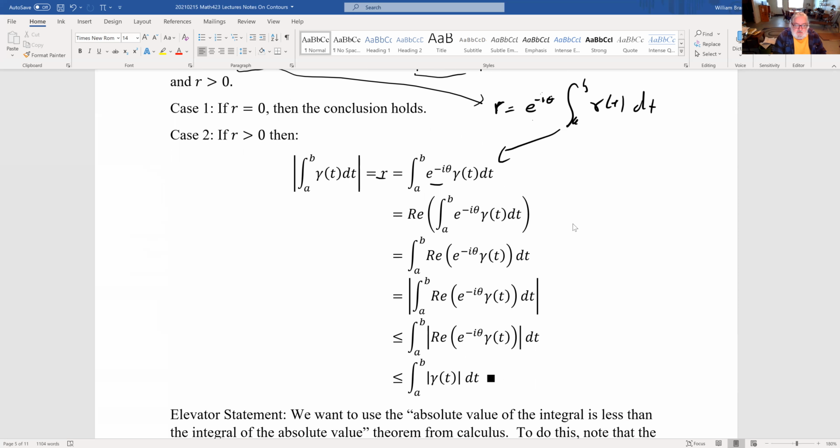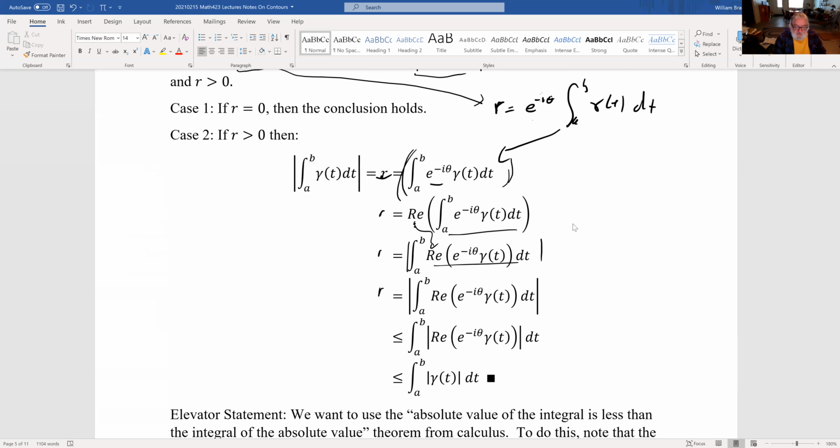So this is a real number, so it's equal to its real part. So this equals the real part of its integral. The real part can go inside, and we get that, right? This is all still equal to r, so it's a real number, so the modulus of this thing is also equal to r.